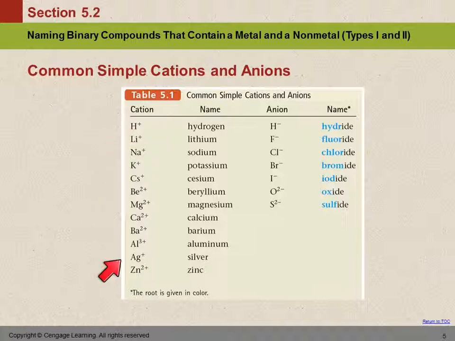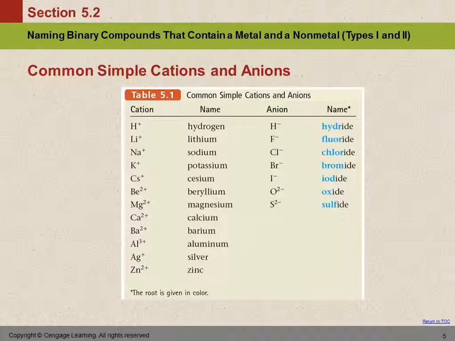The others here are lithium, sodium, potassium, cesium. If you look at the periodic table, those guys are all in group 1, and they all have a +1 charge. Beryllium, magnesium, calcium, barium, those are all in group 2. They all form a +2 charge.